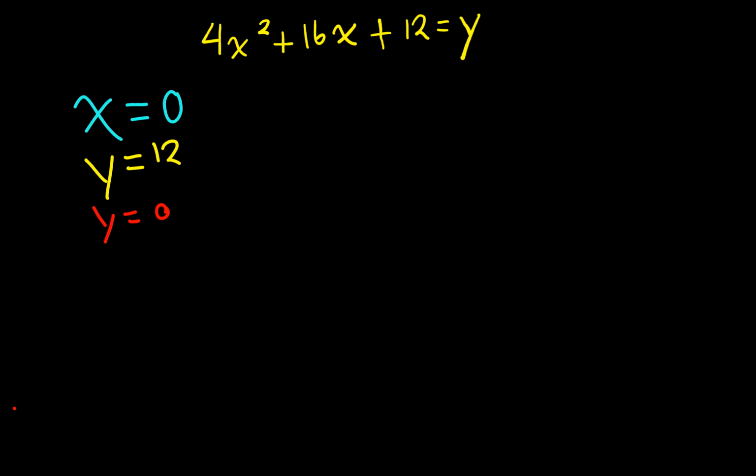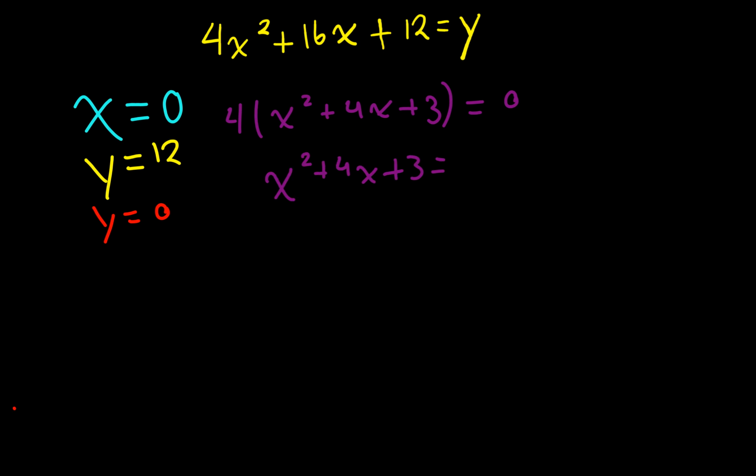You'll pull a 4 out, 4x squared plus 4x plus 3 is equal to 0. So you'll divide the 4 over, you'll have x squared plus 4x plus 3 equals 0, and you'll just factor by grouping. x plus 3 and x plus 1, and you'll have x equal to negative 3 or negative 1. Those are your two intercepts.